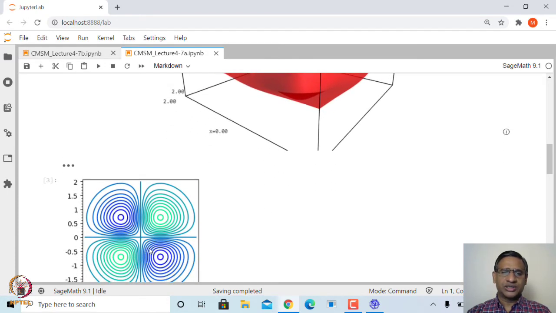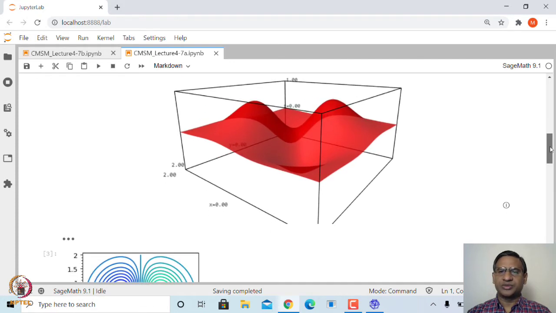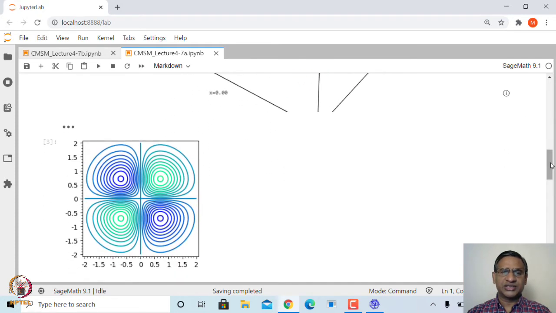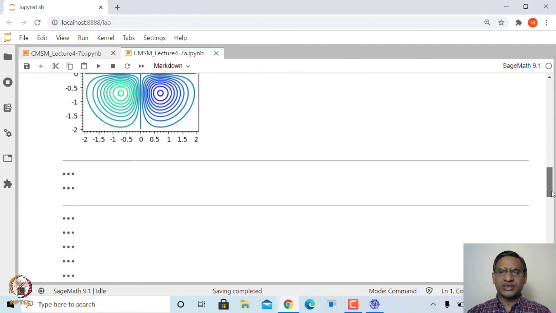In this case you can see that these points may be points of local maximum or local minimum, because the contours near a local maximum will be some kind of closed concentric circles, and this is a saddle point where the contours will look like some kind of rectangular hyperbolas, right. So, these are the geometric meaning of local maximum, local minimum and saddle point.